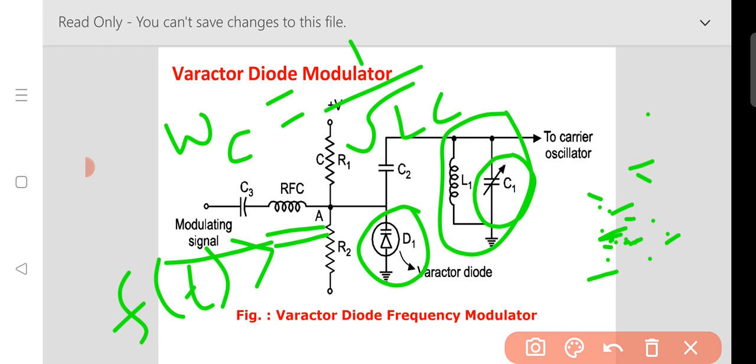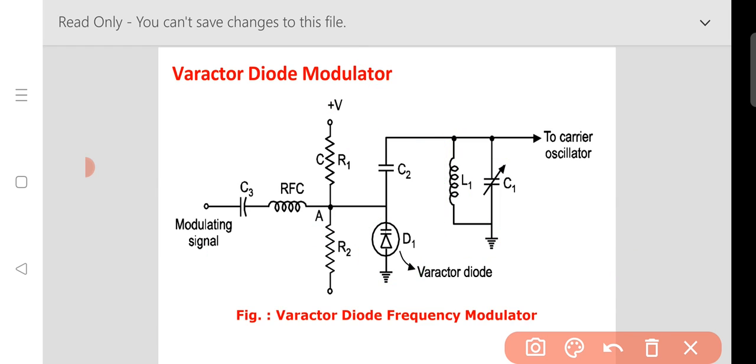Don't get confused, it is just an inductor, used to avoid other fluctuations. Then that is fed to the varactor diode. Now observing this diode, let us look at the capacitance across here.